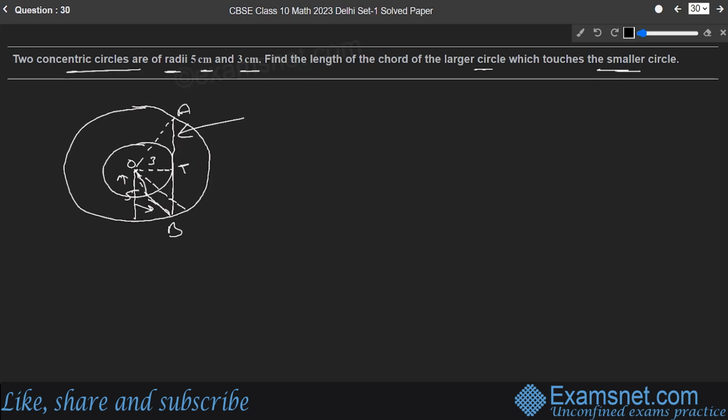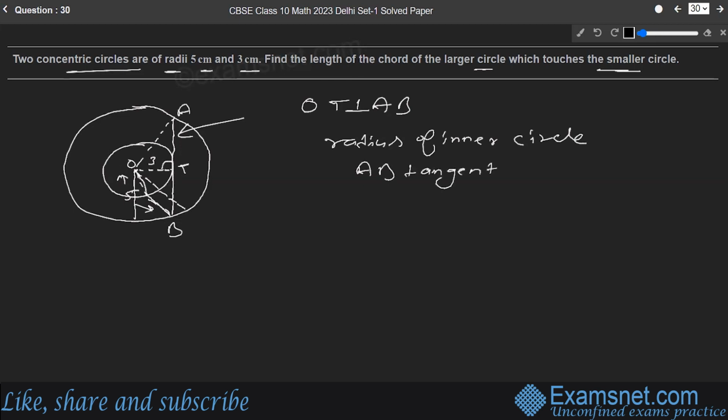Now, let us see the figure, and we can see one thing. O is the center and OT is the radius of the smaller circle. So we can say OT is perpendicular to AB. Why can we say that? Because OT is nothing but the radius of the inner circle, and AB is nothing but the tangent to the inner circle.